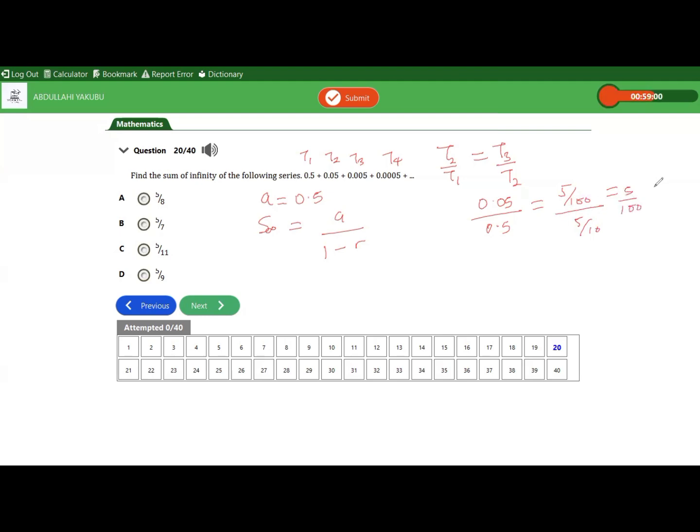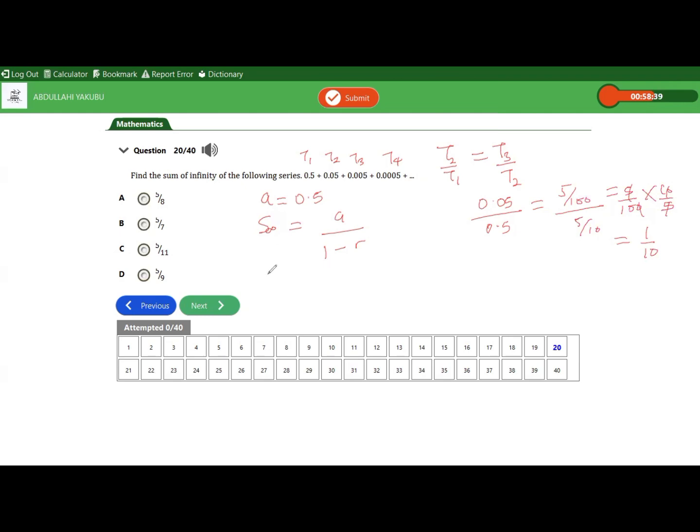This turns to multiplication, then the down fraction will reciprocate. We have 10 all over 5. So here, 5 cancels 5. I'll be left with what? 1 all over 10. So that's my common ratio. So my common ratio is 1 over 10.